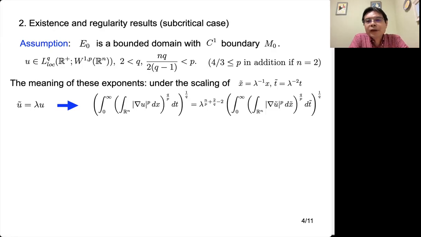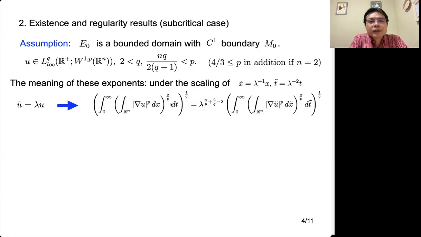Now, if you do this change of variable, this is the W^{1,p} norm, a space derivative raised to the power p, so this is the L^p norm of the gradient. Now you take the Q-th power with respect to time.